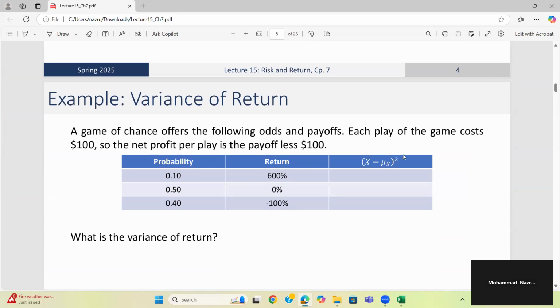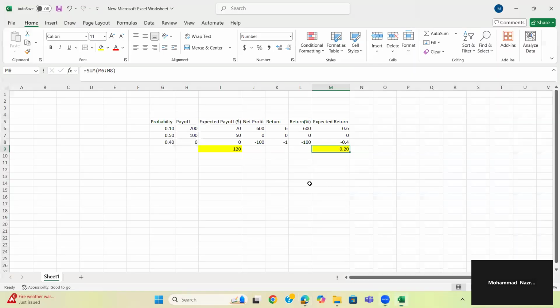So in our case, our mean return is 20%, right? 0.20. And for each of the returns, there is 6, 0, and 1, right? We're not taking the percentage, we're just taking the fractional value. Remember that.